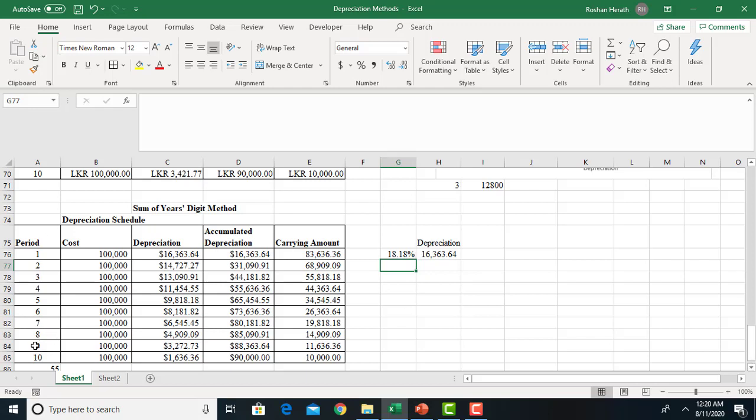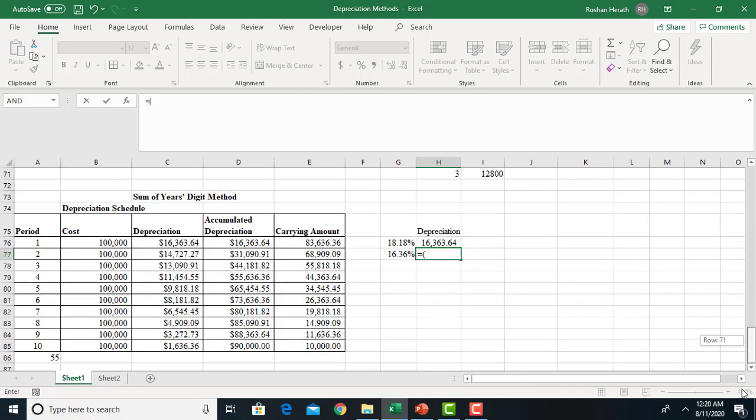Then for the second year, the rate should be the 9th year depreciation, since for the first year you have taken the 10th year. Consequently, for the second year, you would take 9 out of 55. It's a rate, and that is into the depreciable amount. So the depreciable amount is always cost 100,000 minus 10,000.